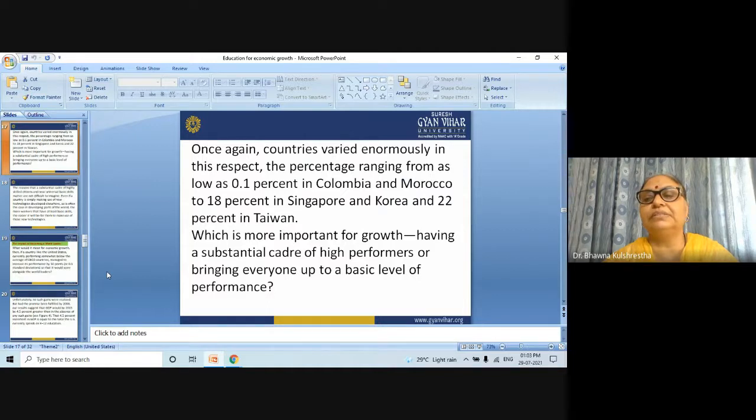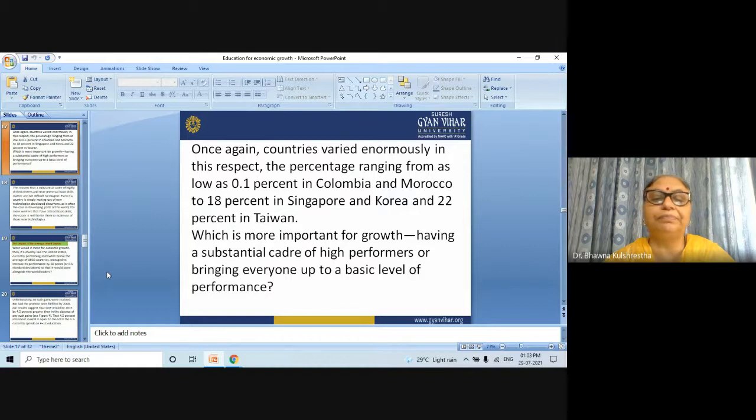That is, both the performance of countries in ensuring that almost all students achieve at basic levels and their performance in producing high achieving students seem to matter.